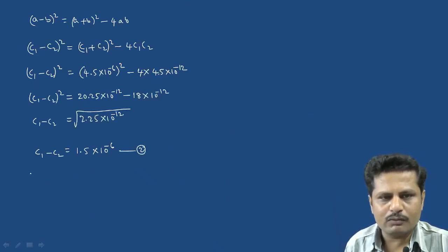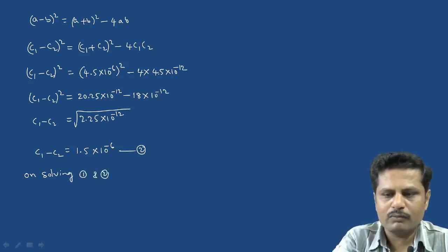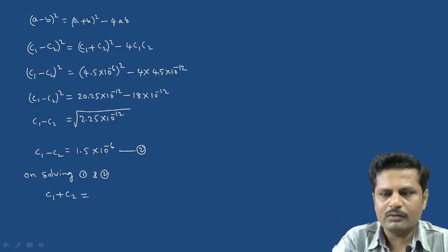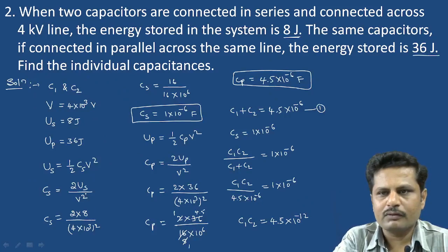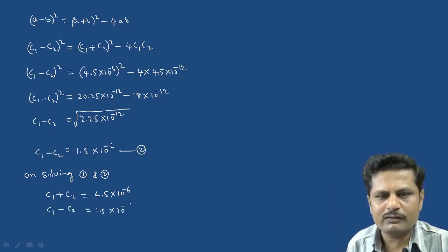From 1 and 2, on solving equations 1 and 2, we have equation 1, that is C1 plus C2 equals 4.5 into 10 raised to minus 6, and here C1 minus C2 equals 1.5 into 10 raised to minus 6.